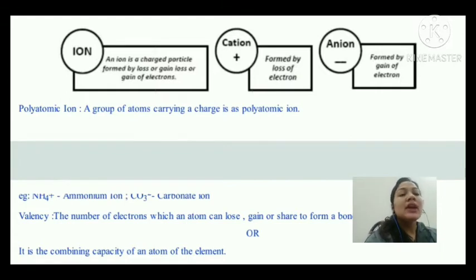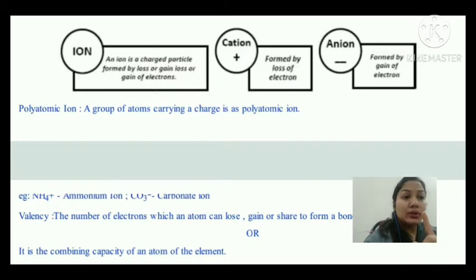So that is called an ion. Ions are of two types: one is cation, the second is anion. Cations are positively charged. If they are positively charged, then proton will be more in them, that means a smaller quantity of electrons and a larger quantity of protons.